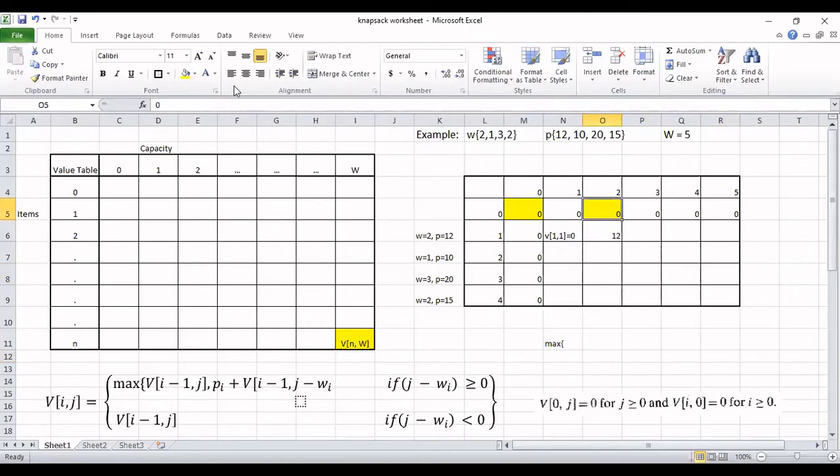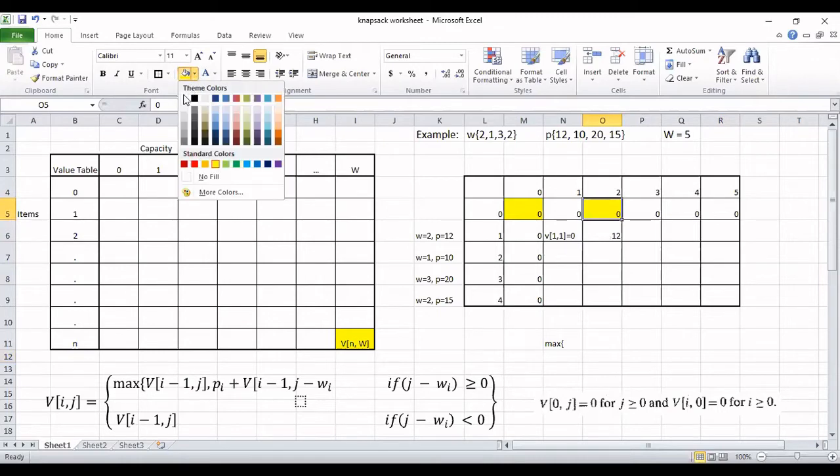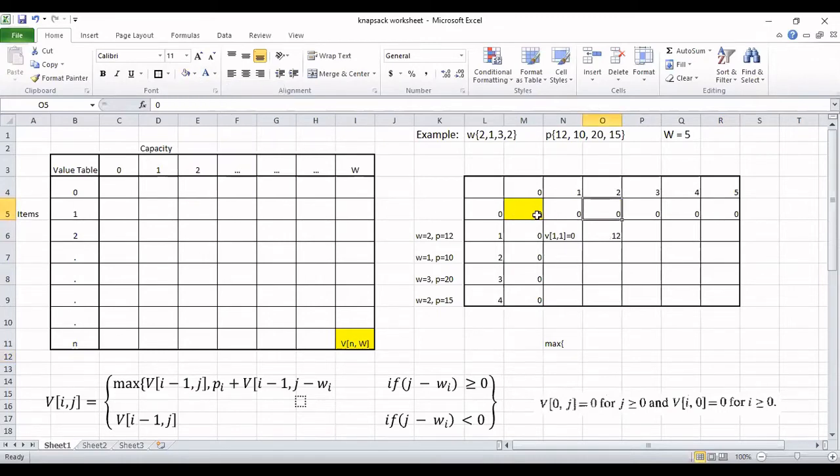So when you can accommodate the item, what we do is we look for maximization. You look at the previous cell, that is the same column, previous row cell, and the I minus 1, J minus Wi cell. Based on these two cells, you go for maximization.